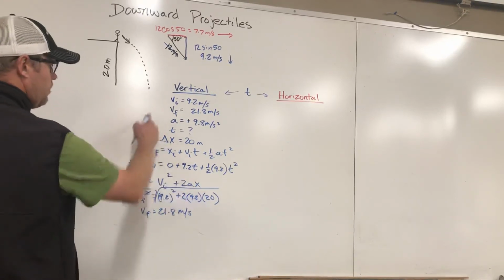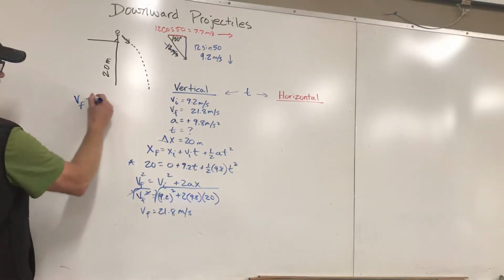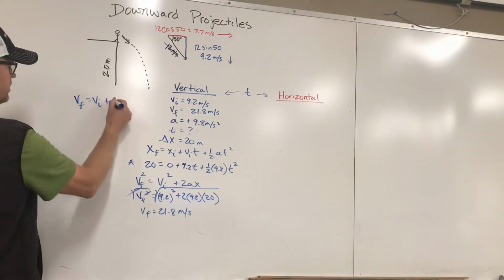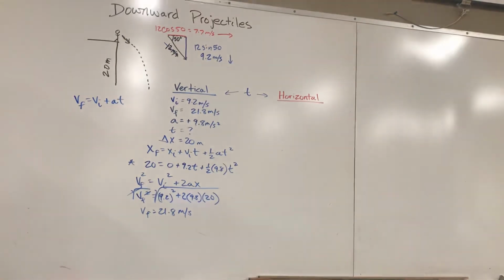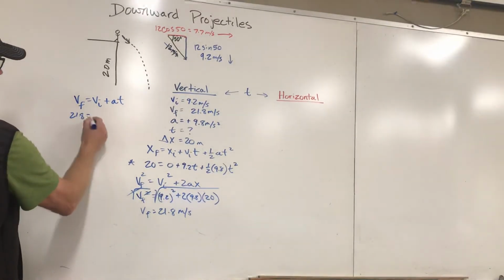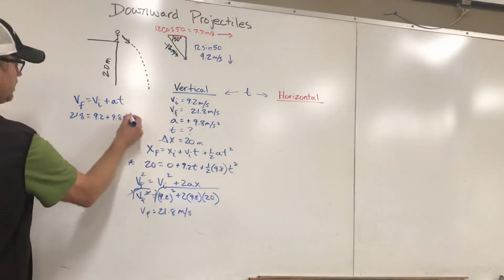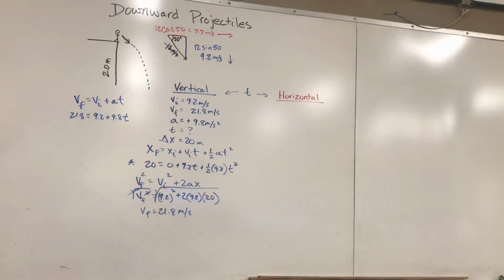But I could go to my original formula that I'd used before. Final velocity equals initial velocity plus at. And I'm going to go, all right, 21.8 equals 9.2 plus 9.8 t. Remember, it's positive 9.8, so it's speeding up. If I solve that for t, it should tell me how long it's in the air.